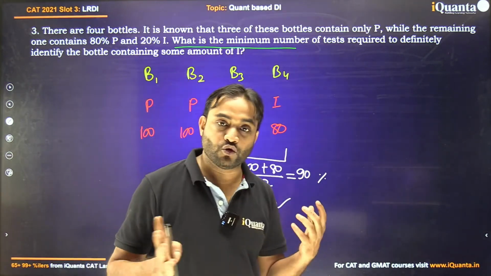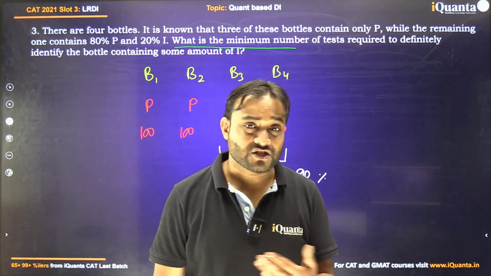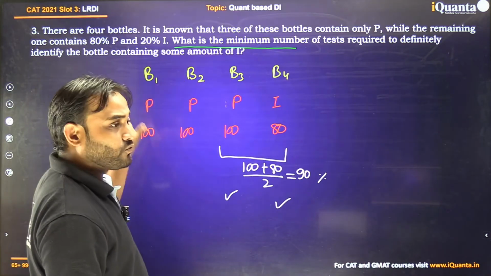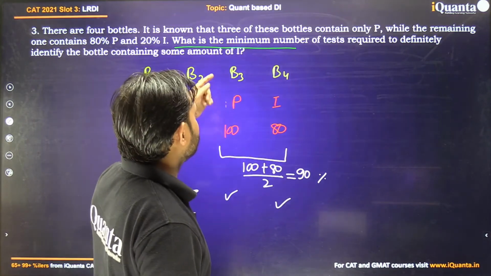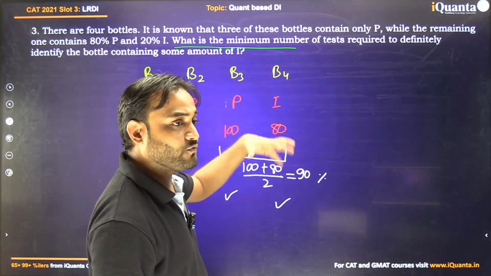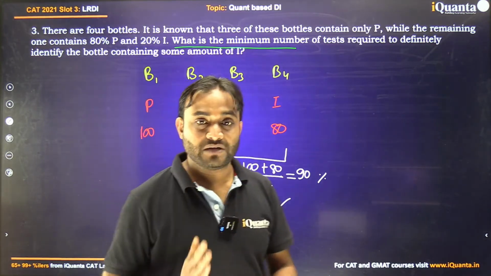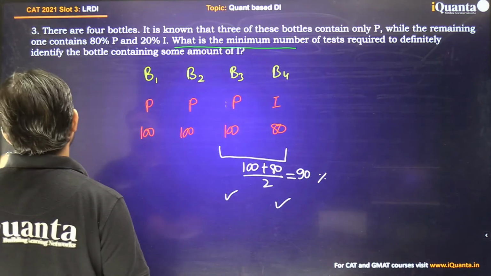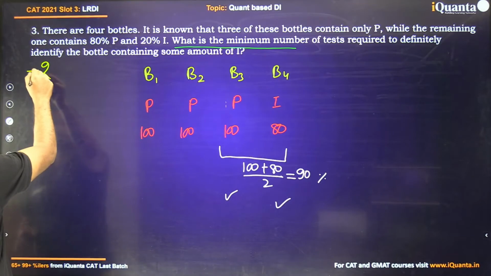So in both cases you can see there are 3 different kinds of cases in which we can start testing: bottle 1, bottle 2 first and then one of bottle 3 or 4, or bottle 3 and bottle 4 first and then one of bottle 3 and 4. So in any case, with a minimum of 2 tests we can say which bottle is impure. So the answer is 2 for this question, okay?